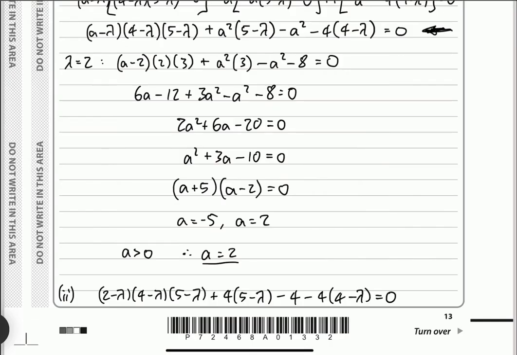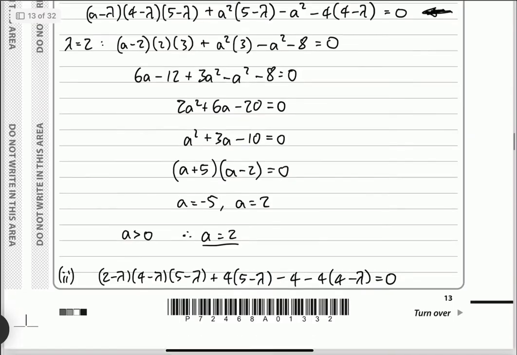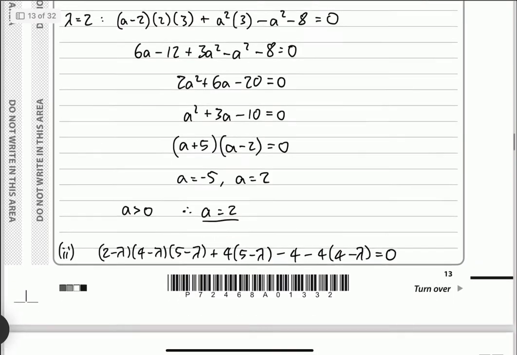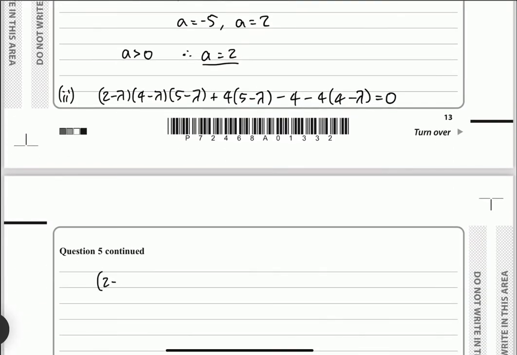Now we have the fun of expanding all of this out, collecting it into a cubic equation and solving. 2 minus lambda, 20 minus 9 lambda plus lambda squared, plus 20 minus 4 lambda minus 4 minus 16 plus 4 lambda. Those two cancel, and so do these.